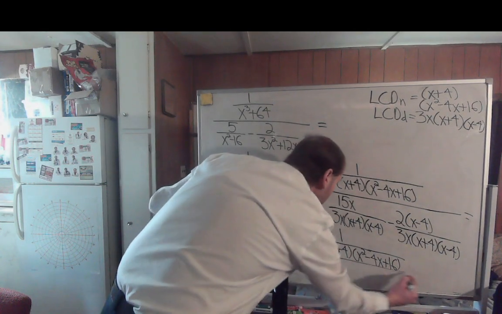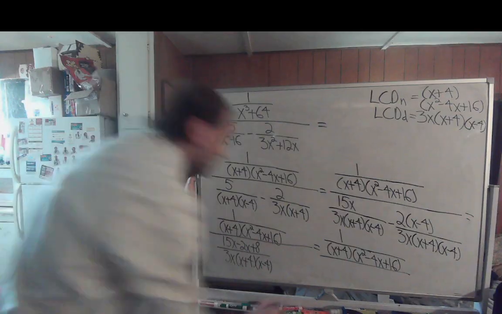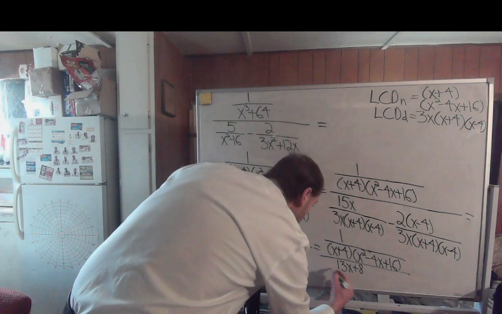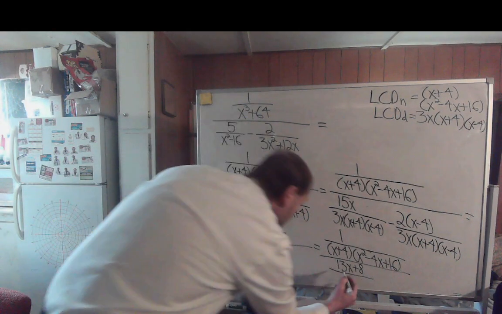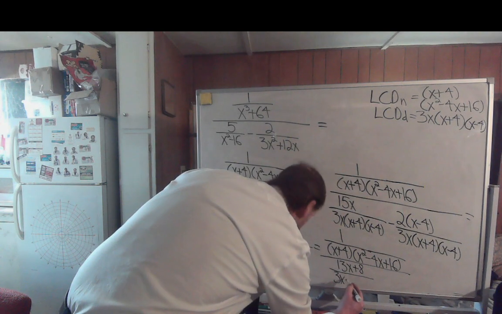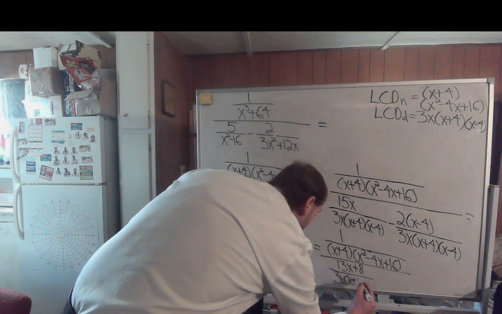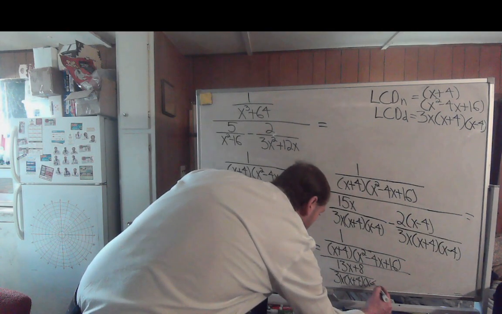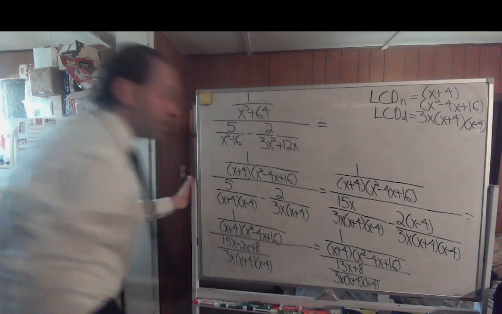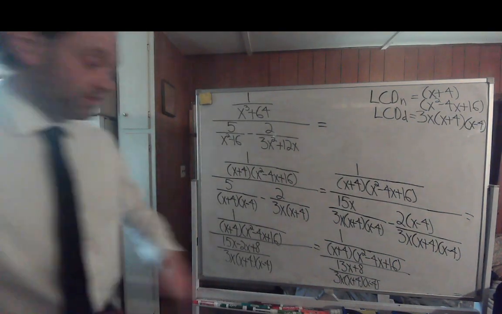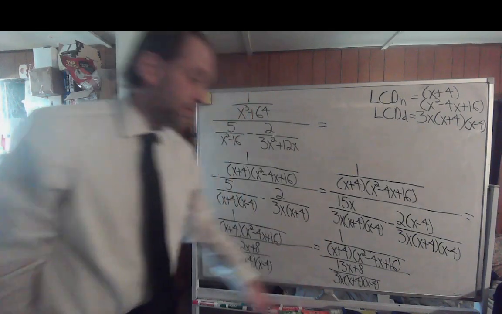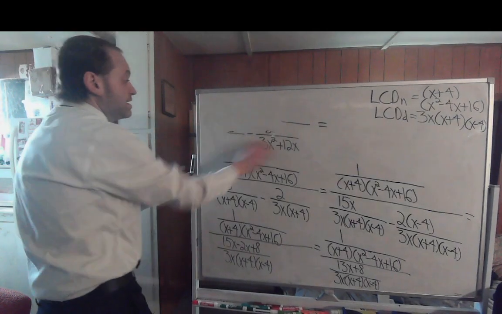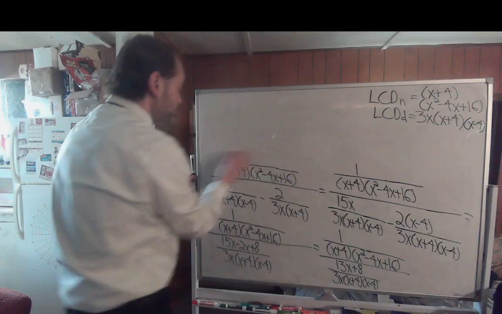All that all over 13x plus 8 all over 3x times x plus 4 times x minus 4. Alright, and at this point we have simplified both numerator and denominator all we can possibly do. So I'm going to start erasing again here and making some room for it.